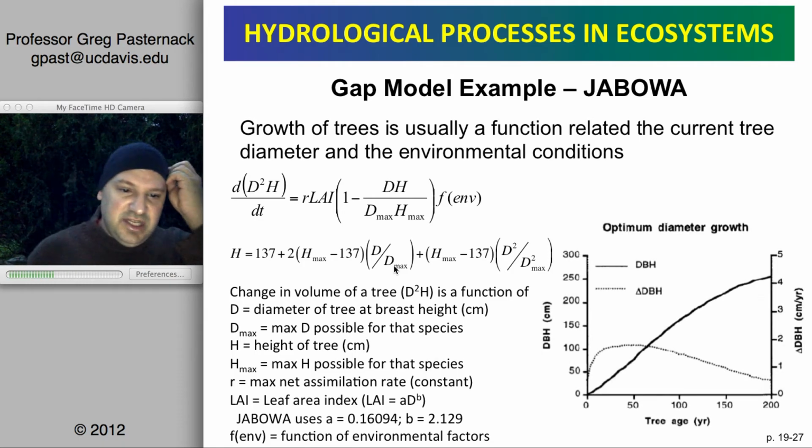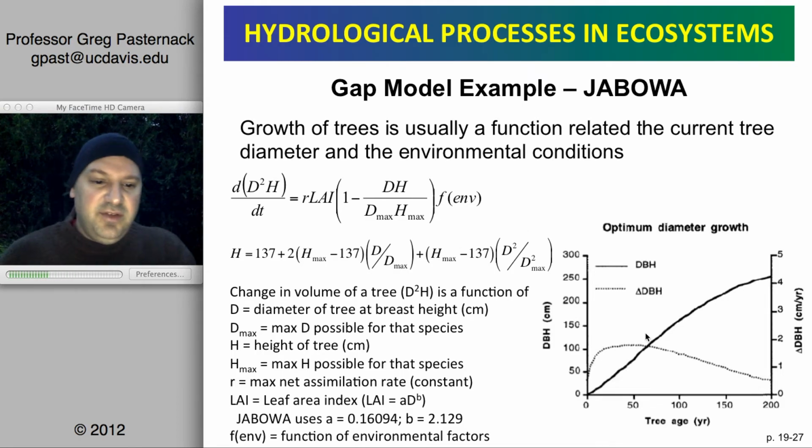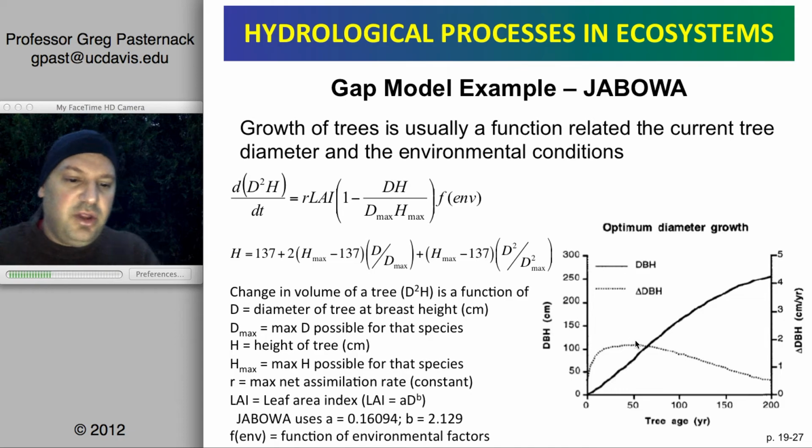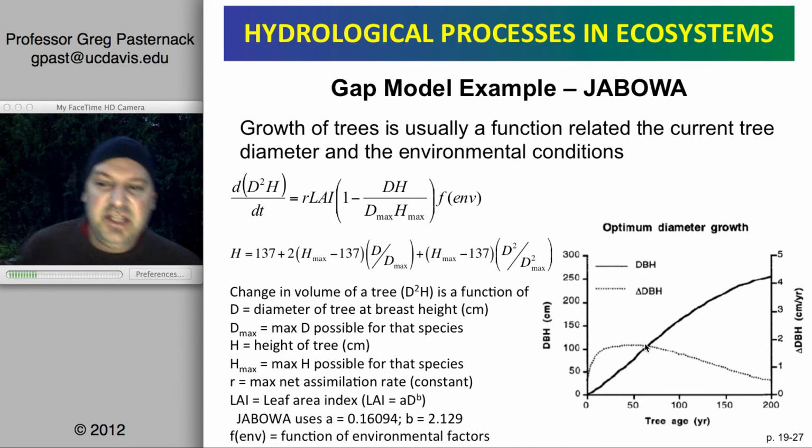So this just shows an example. If you have an individual tree and you have one of these types of function, over a 200-year period, the tree is going to grow, which is the solid line, and that's the diameter at breast height, DBH, which is just given as D in the equation. And then if you take the derivative of that, you get this other function that shows, hey, it's going to grow the most early on, but then after 50 or 60 years, its rate of growth will start to decline.